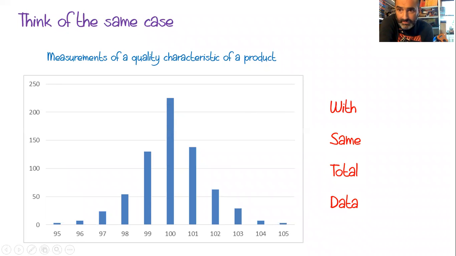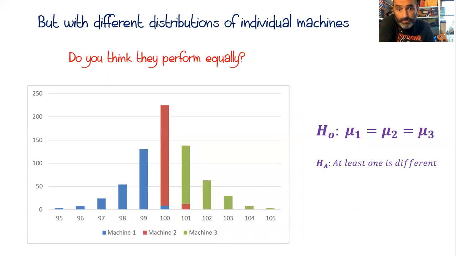Same data set, same frequencies, same values. Again, this is the aggregate version. I just copied and pasted the previous aggregate slide here, okay? Same aggregate data, same total data, and with a new distribution of the three machines.